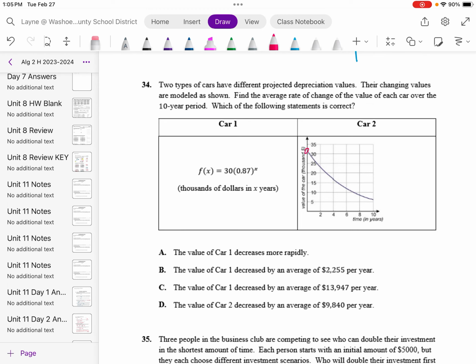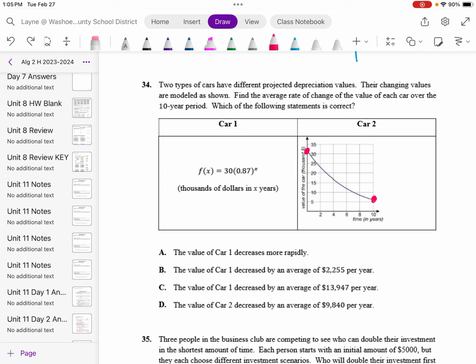So like on example 2, we really just need to take those 2 points and then find the difference, how much it went down, and then divide that by 10 years. So on the side here, it says the value in thousands.